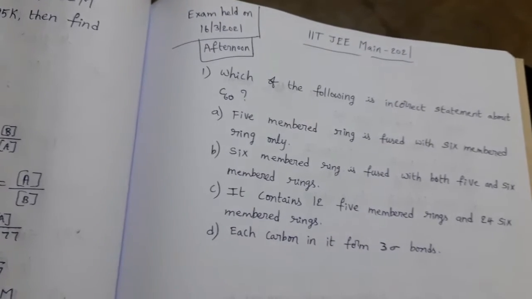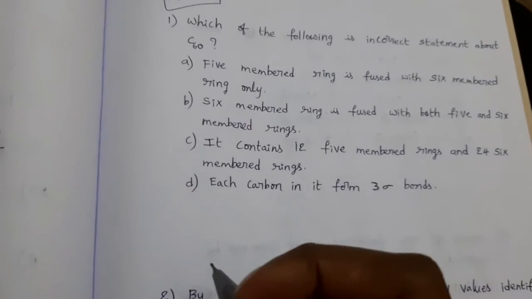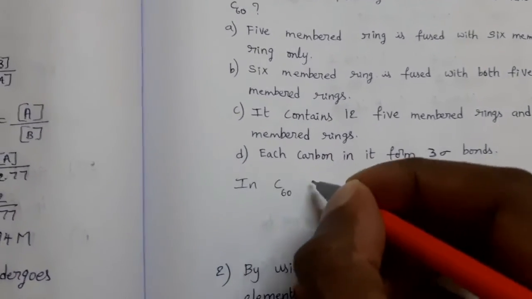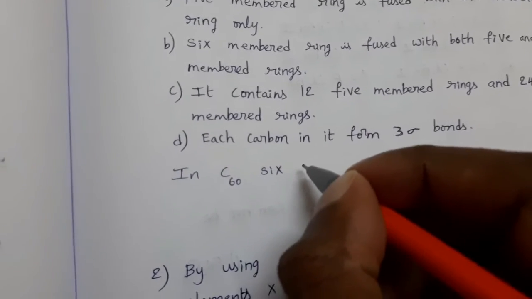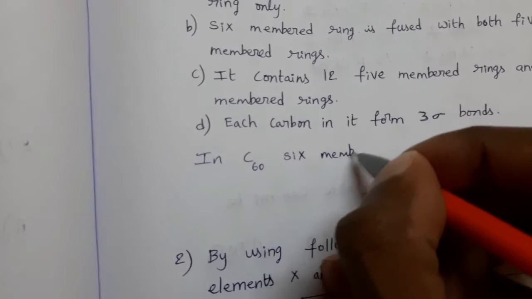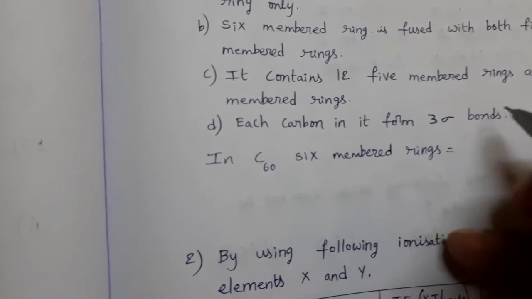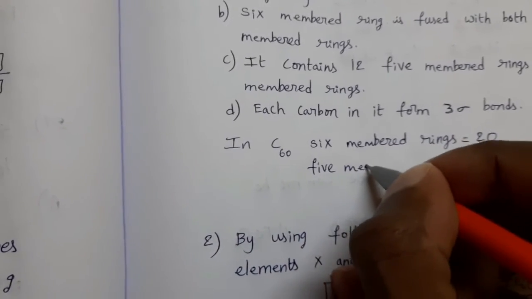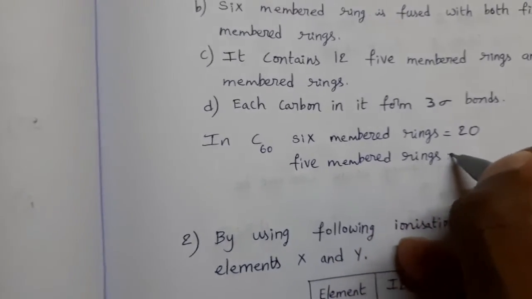Related to this, actually in C60, 6-membered rings 20, 5-membered rings 12.